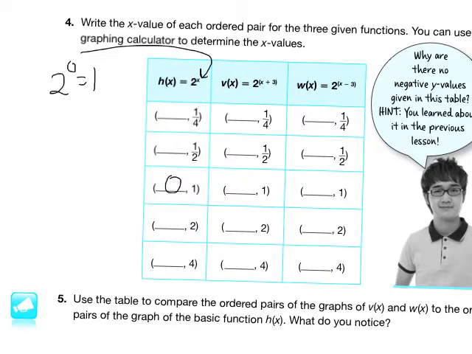So 2 to the 1 power, so replace x with 1, and 2 to the 1 is 2. So where is the x equal to 2? So here is the y. This will be the y version right here. So find when y is 2, right here. Therefore, the x has to be 1.